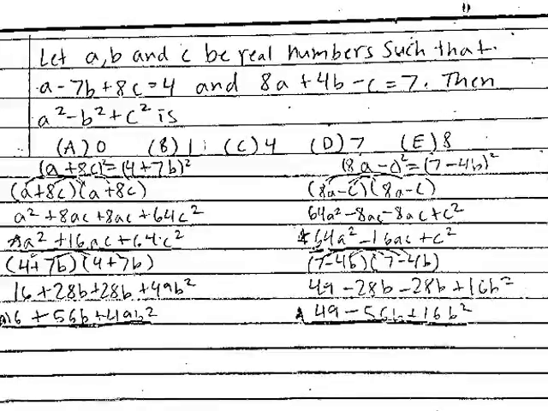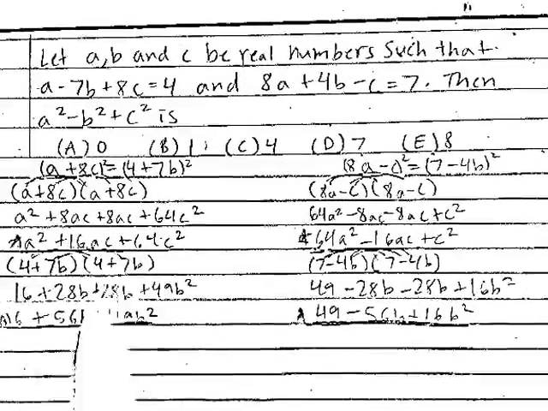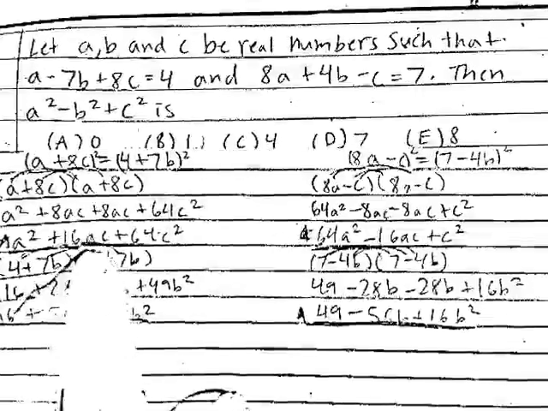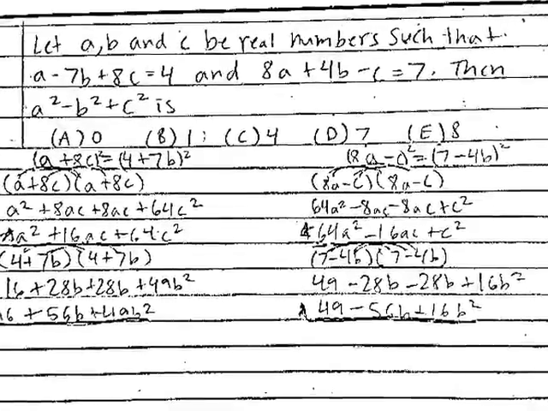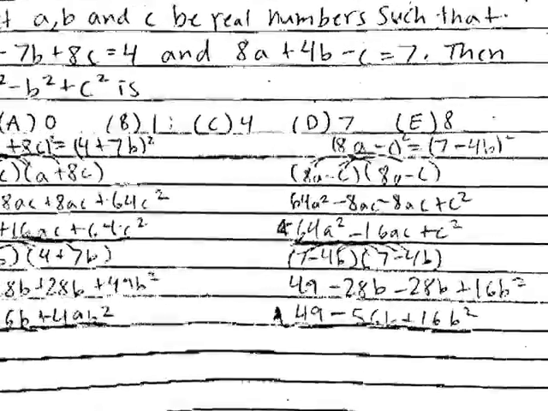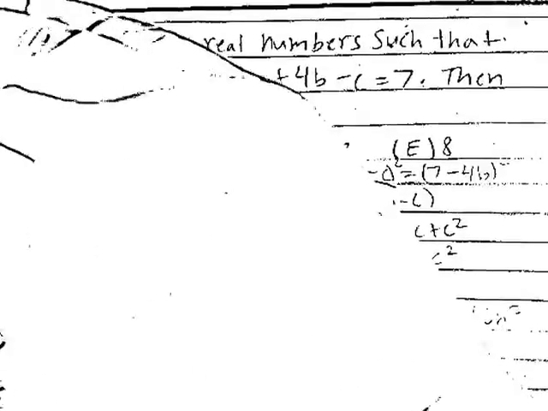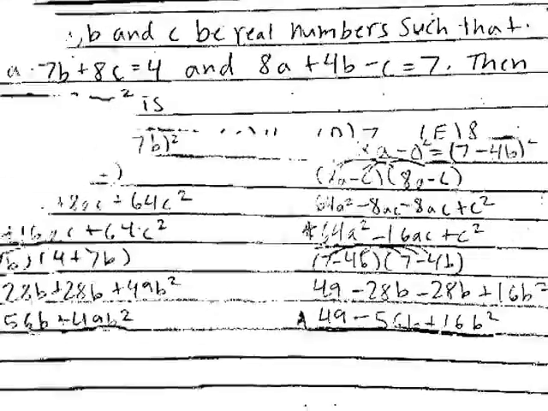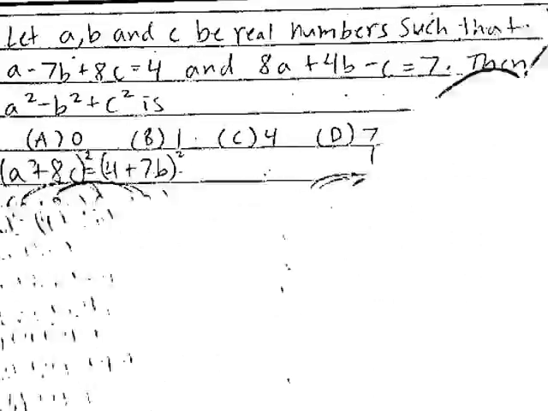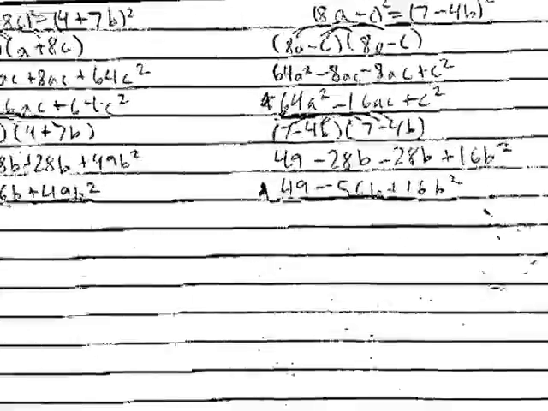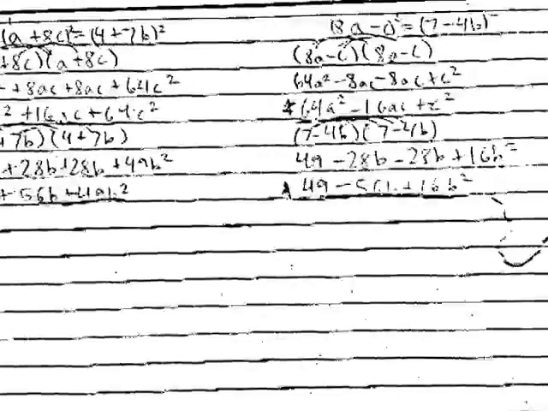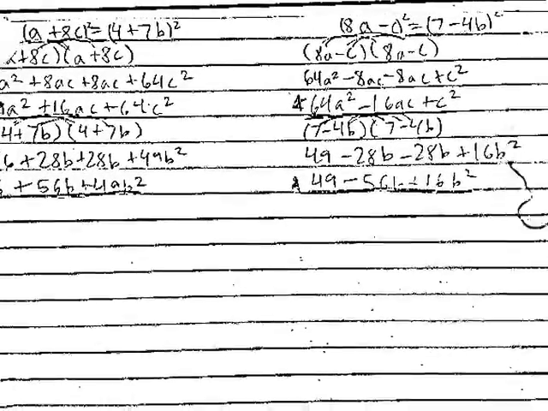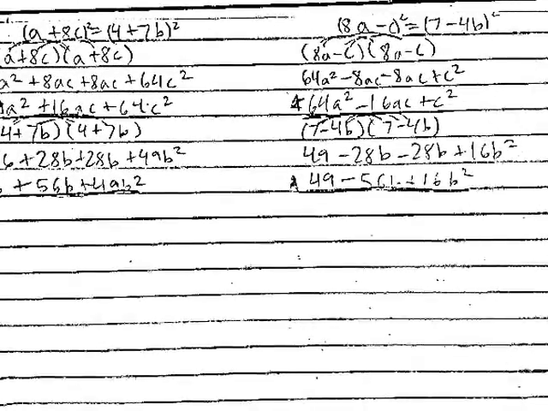Right. So now I'm going to rewrite them so you can see it better. Hold on a second, I have to adjust the paper so you can see the work because there's not enough space. Okay. I'm going to rewrite this.